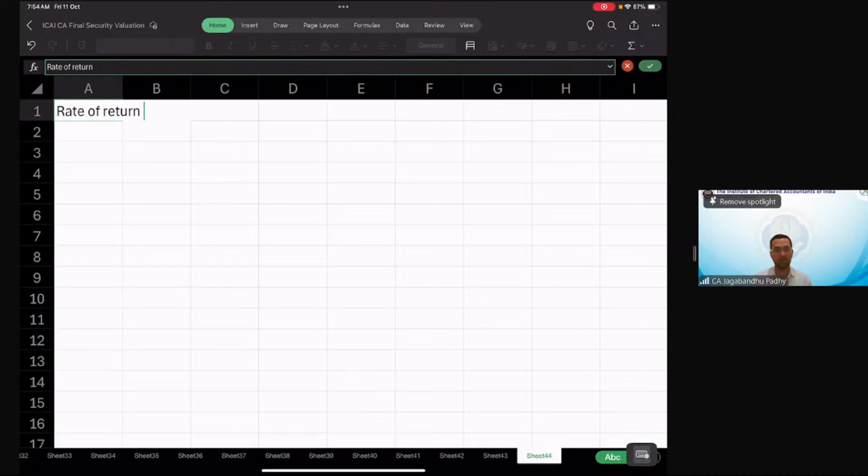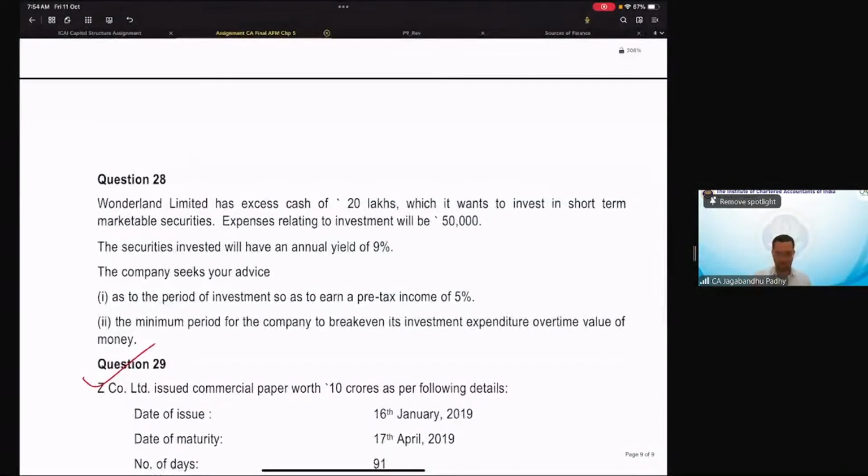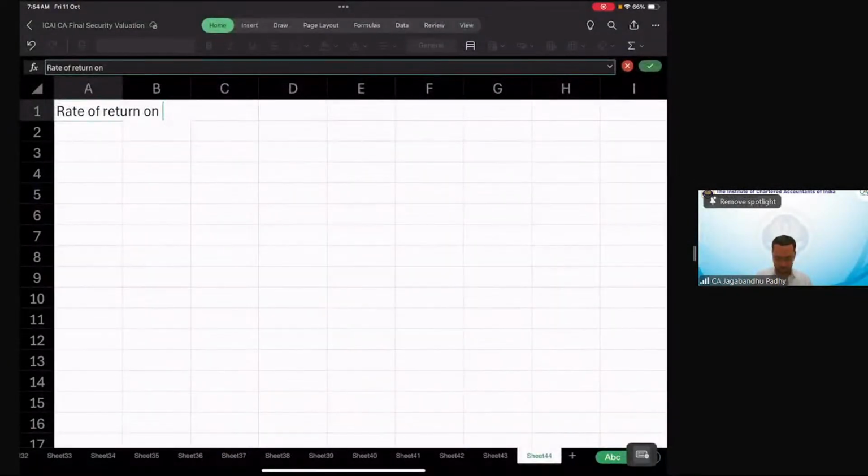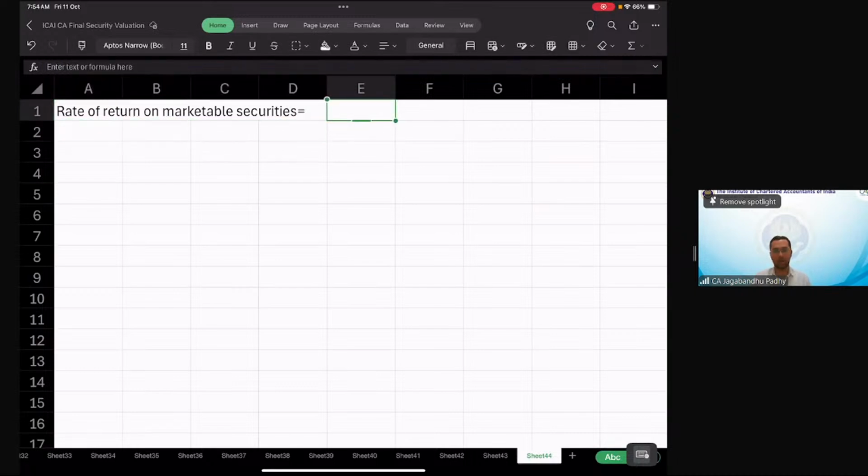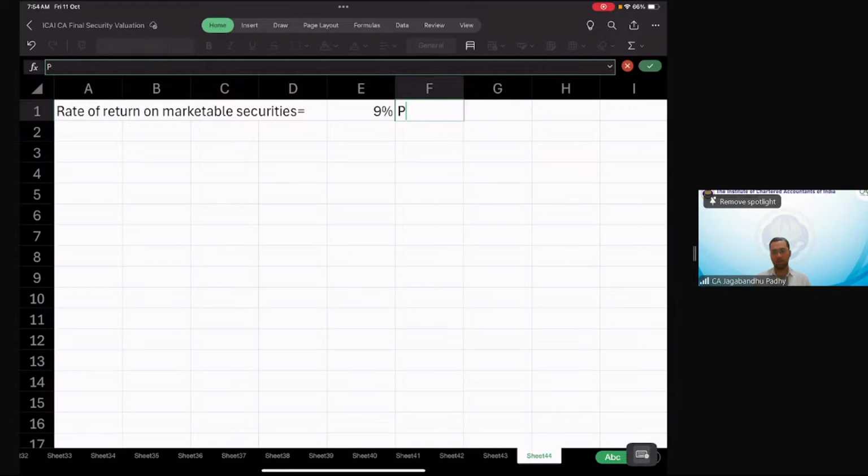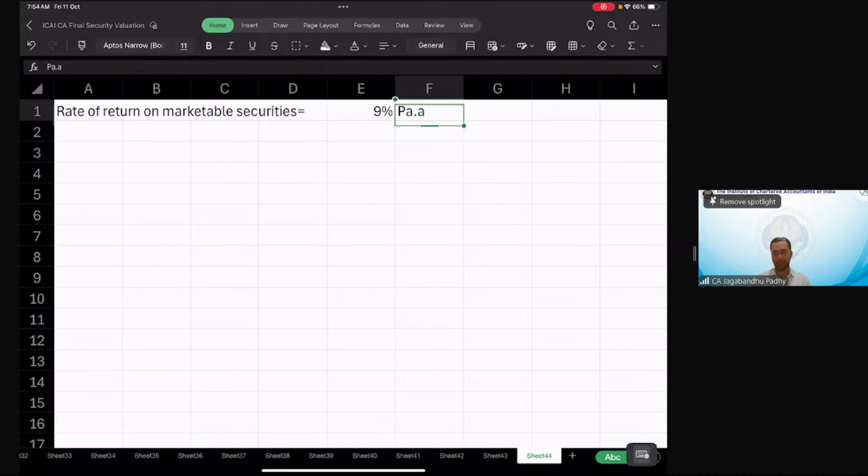Rate of return on marketable securities is given to be 9%. Of course, this is a per annum figure. Rate of return is 9% per annum.